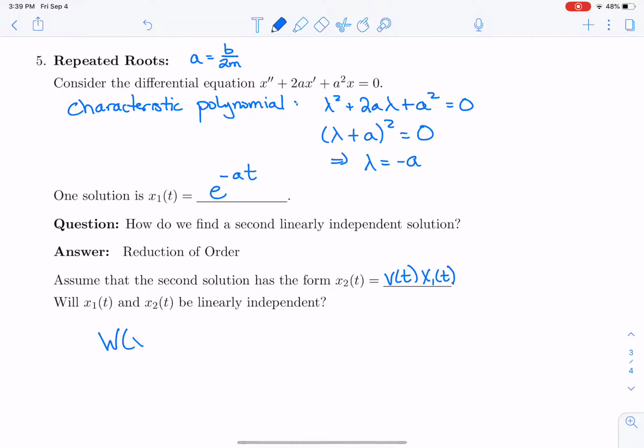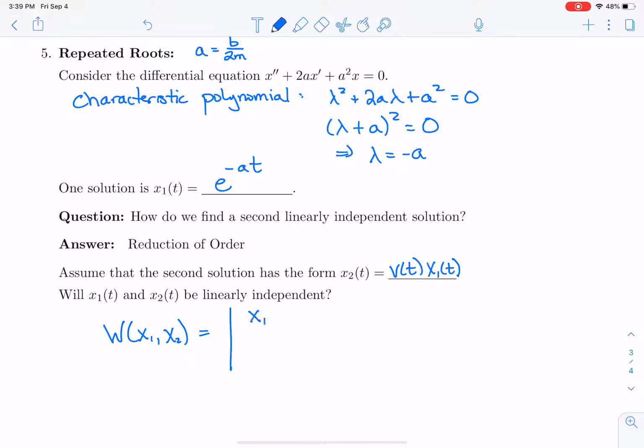So W of x1, x2 is going to be the determinant of the matrix: x1, x2, which we're going to call v x1, and then the derivative of x1 is x1 prime. But the derivative of v x1 is going to be v prime x1 plus v x1 prime. So I'm going to take that determinant.